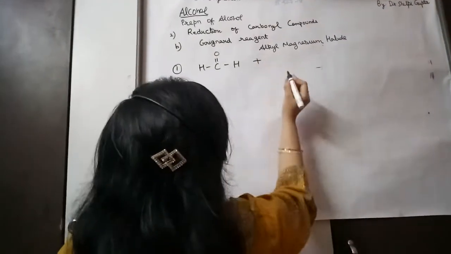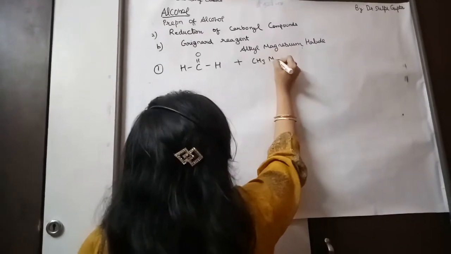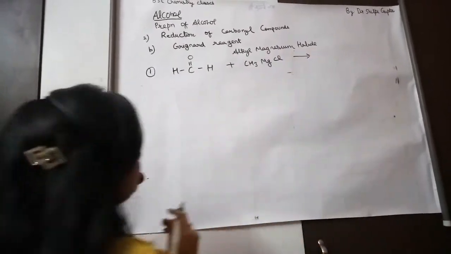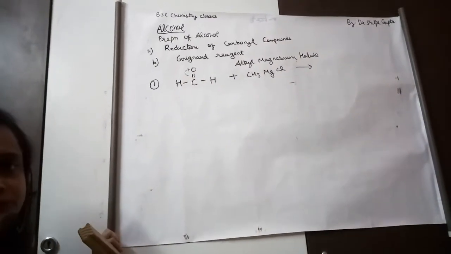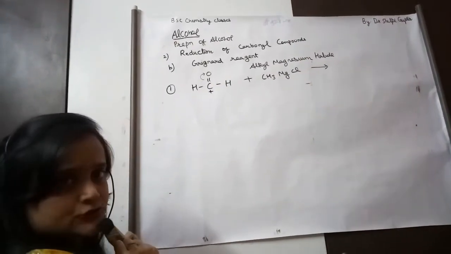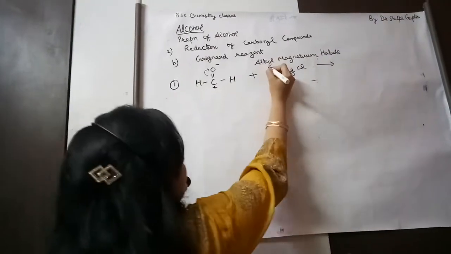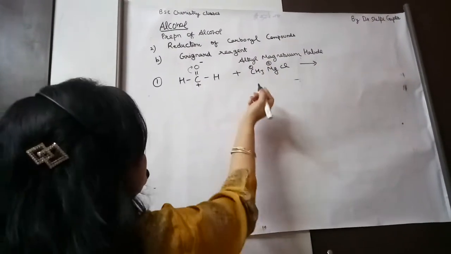So how will the reaction continue? As I told you, CH3MgCl. Okay. What will happen now? Since oxygen is electronegative, it will take the lone pair of electrons and it will become electron rich, and the carbon will become electron deficient. This carries a negative charge and this carries a positive charge. So it's very simple.